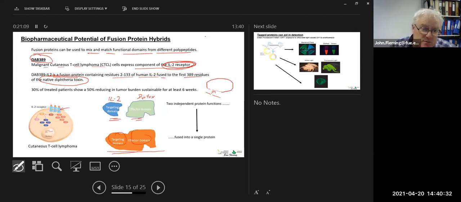The targeting domain is IL-2, which is orange here. So the orange bit here is IL-2. And the fusion protein also has this effector domain, which is the diphtheria toxin. So in this way, we can use this engineered protein in order to treat cancer.